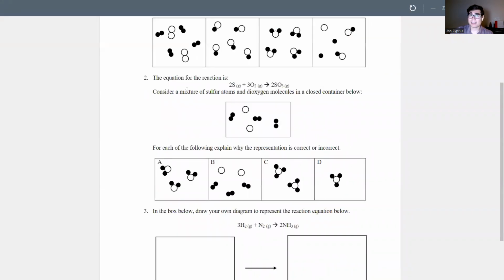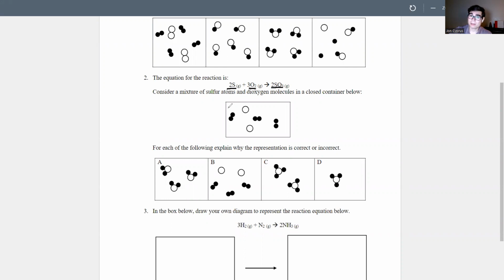Two, it says the equation for the reaction is 2S plus 3O2 yields 2SO3 gas. Considering a mixture of sulfur atoms and dioxygen molecules in a closed container below, for each of the following, explain why the representation is correct or incorrect. So we're looking at this. We have 2S, 3O2, and we get 2SO3.